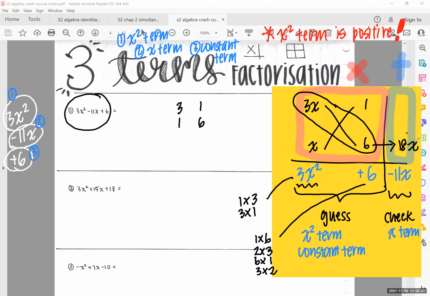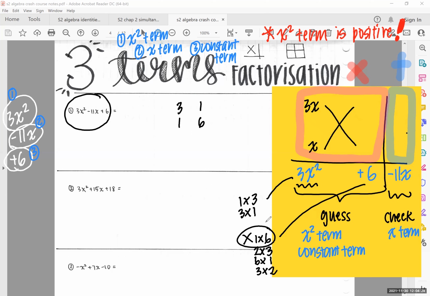Next, we'll do a cross here. x times 1 will give me x. Is there any way I can get from 1x and 18x to 11x? Either plus or minus them. No. So that means this one is out.